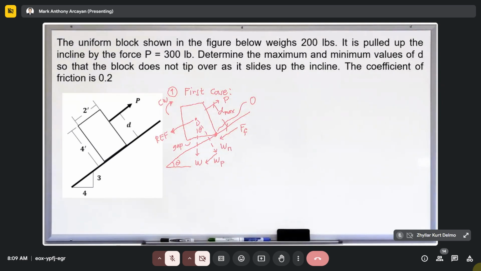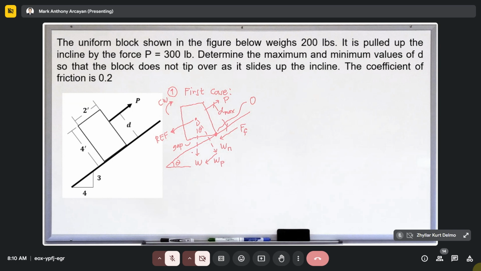Okay. If this is the case, therefore, we don't have a normal force. Why? Because there is no more contact, except at point O. But at the bottom surface of our block, it is gone. In our analysis, we assume that the moment it will overturn in a clockwise direction, there is a gap. The normal force is gone.